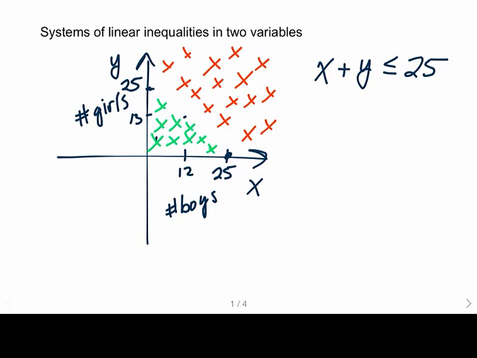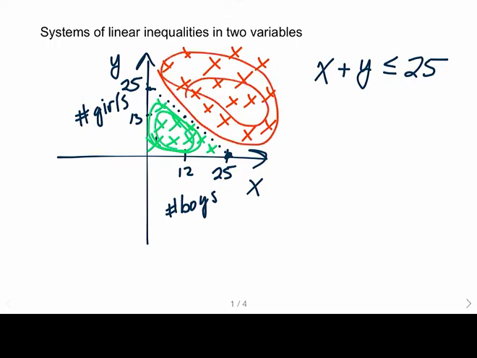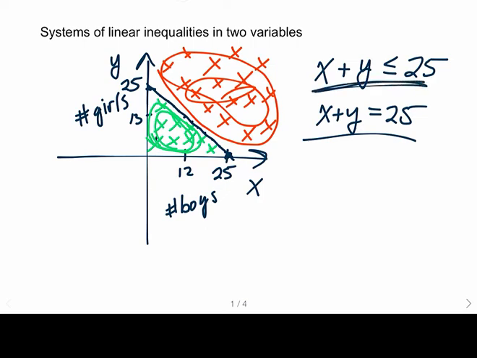And the delineation that cuts off solutions, acceptable ordered pairs, from non-acceptable ordered pairs is actually the line x plus y equals 25. So what we're doing is graphing the line x plus y equals 25, which I now have on the plane, and then we pick ordered pairs that satisfy the inequality x plus y is less than or equal to 25.